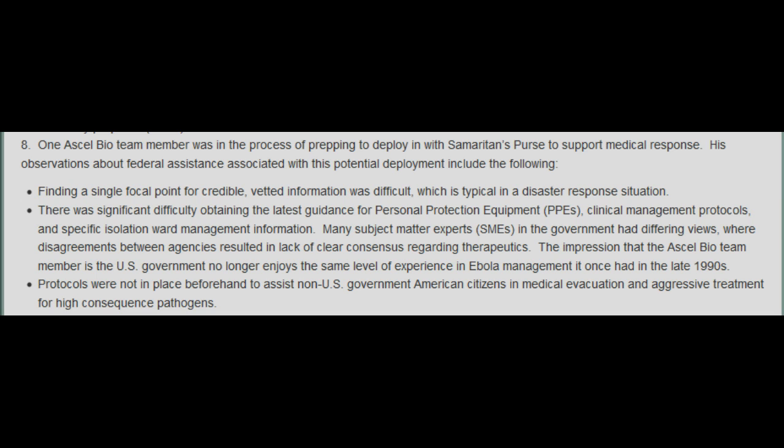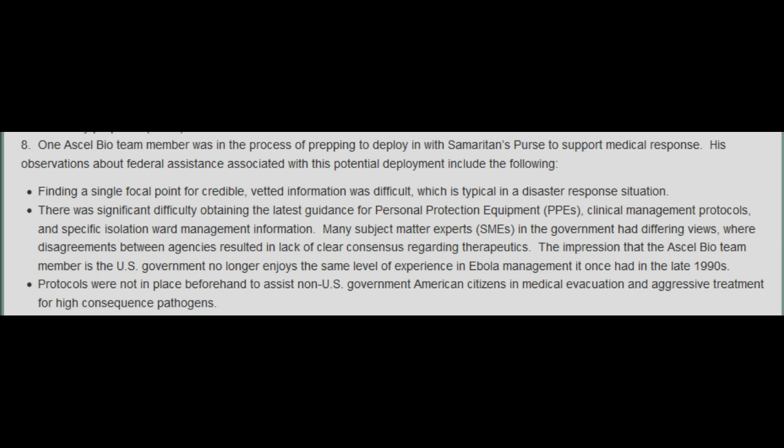There was significant difficulty obtaining the latest guidance for PPEs, clinical management protocols, and specific isolation ward management information. Many subject matter experts in the government had differing views, where disagreements between agencies resulted in lack of clear consensus regarding therapeutics. So it's hard to find what to wear, what to do, and how to care for patients.